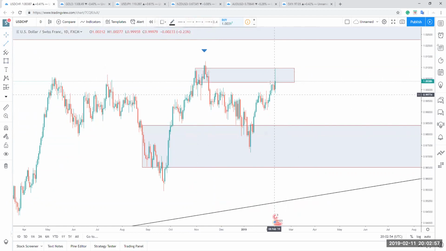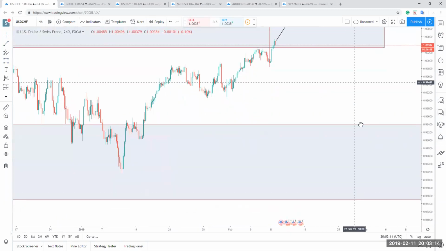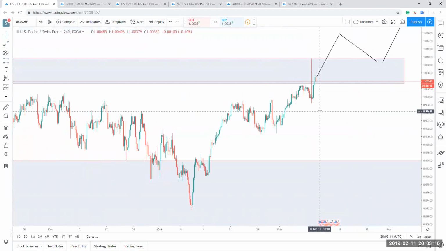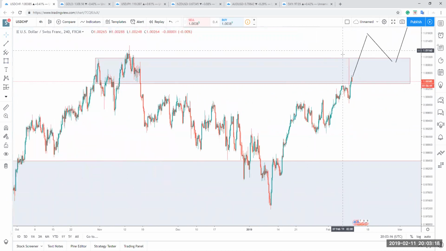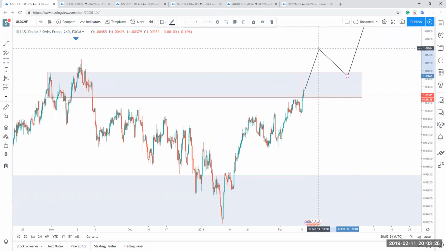So now we have to wait for USD CHF to close higher, retest, and then we look to buy. As you can see, it's filling in the wick. That was from news last night. And so if price does come higher and retest, this will be a very nice trade for us.